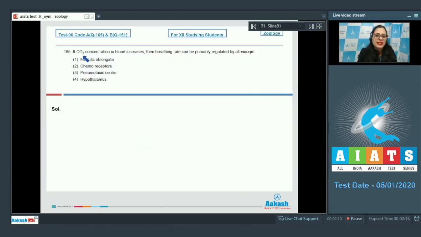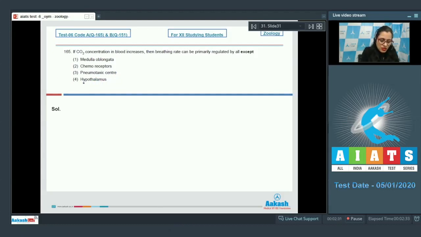Question number 165. If carbon dioxide concentration in blood increases, then breathing rate can be primarily regulated by all except. Options given are medulla oblongata, chemoreceptors, pneumotaxic center, and the last option is hypothalamus.